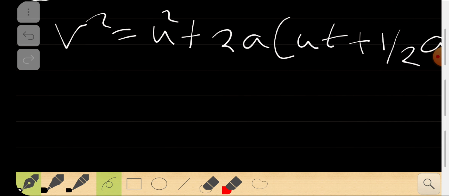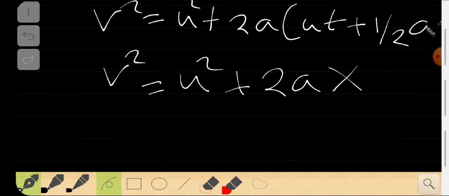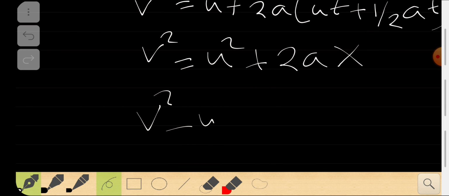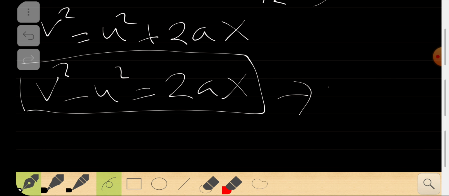So you get v square equal to u square plus 2ax, or you can write v square minus u square equal to 2ax, which is the third equation of motion.